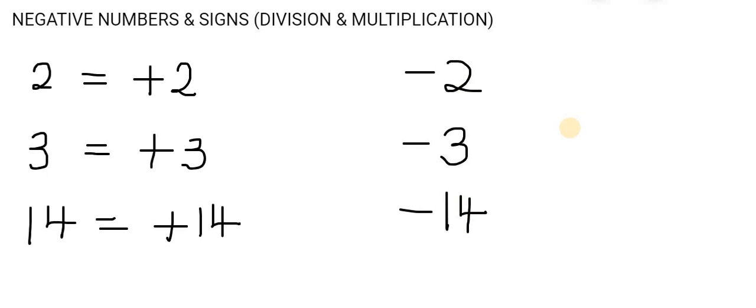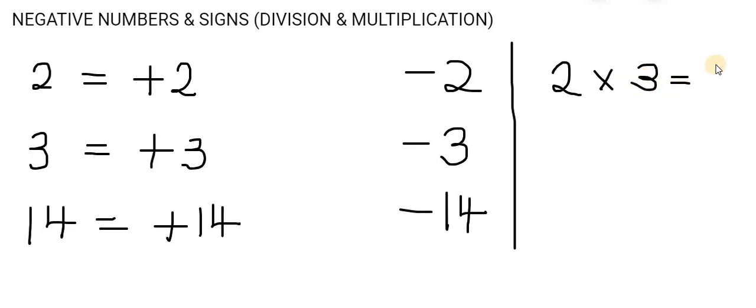Okay? So, why does this come up for division and multiplication? It's because when you have multiplied, okay, or divided, something like this would happen. 2 times 3 is equal to 6. But what you're really doing, or what's going on underground, is you're saying plus 2 times plus 3. Okay?